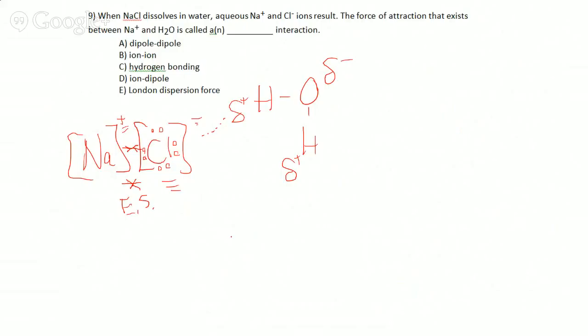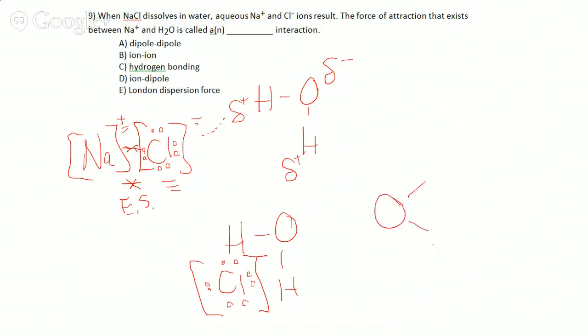So you're going to have one water molecule surrounding a chlorine ion and keeping it separate from the sodium ion. And the other end of a water molecule, the negative end, would be attracted to the Na+.